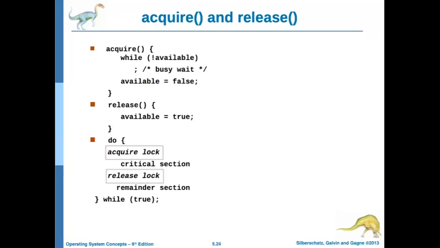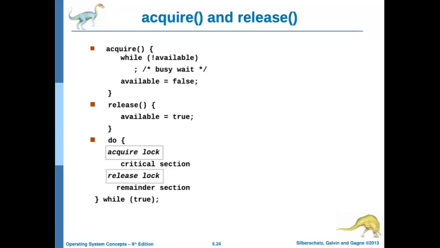Now looking at this code, can you imagine whether the true value is busy or the false value is? Yes, you can put your comment on chat. True means available or false means available? Anybody?